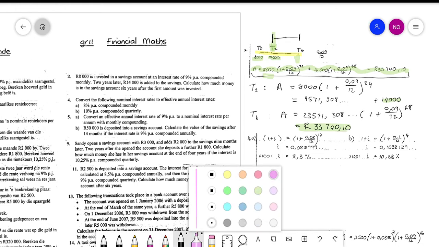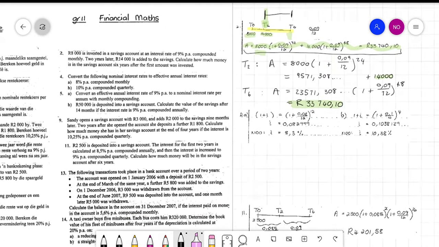Dan by nommer 4, vra hulle vir jou om te skakel tussen nominale en effektiewe rentekoers. So they ask you to convert to compounded monthly. I'm just going to do 4A. Just remember this, let me do it in purple, is a formula that will not be on your formula page.